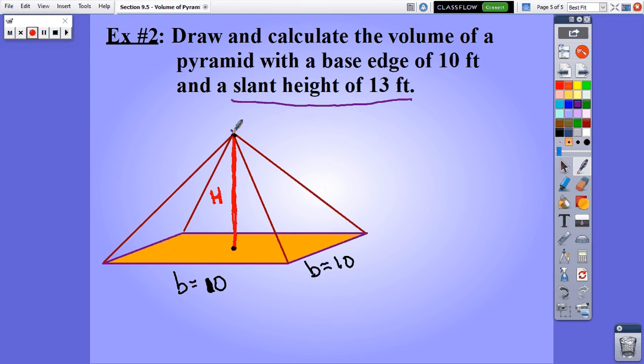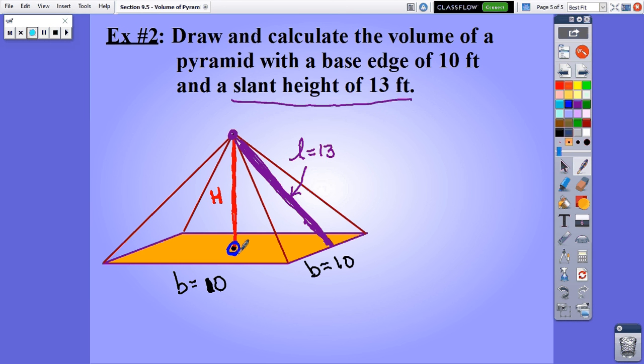Now the slant height, remember, started at the same place as the real height, up top in the peak, but it slid down the middle of one of our triangular faces. So just draw this in to the best of your ability, going all the way down here, and that slant height is 13.